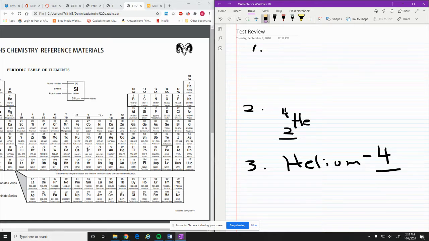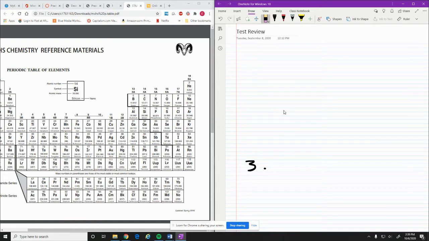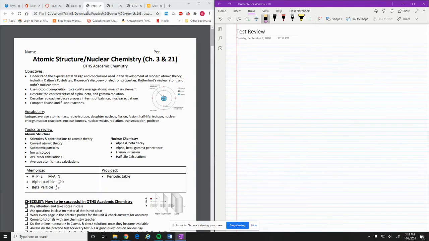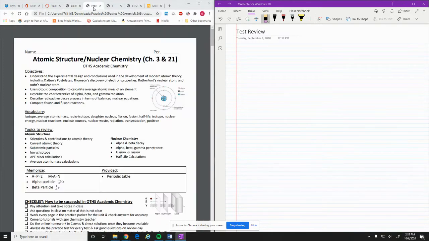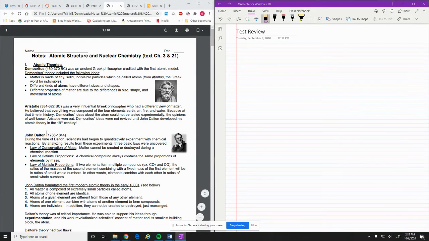With that, we're going to move forward to some of the questions that you'll see on the practice test, starting with question number 4. Which part of Dalton's theory is what we know today as the law of conservation of mass? That's something that you are going to see on your test, and you'll find this in your notes.